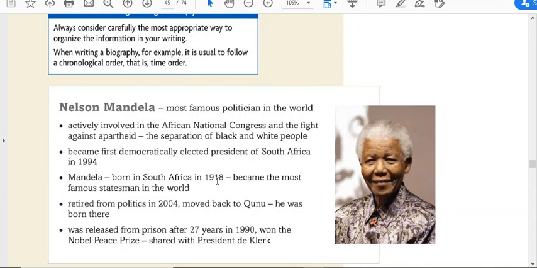So this is how we put things in chronological order. So we look for 1918, 2004, 1990, and then we might start from the early one, which is 1918. Then we arrange all these statements in chronological order.